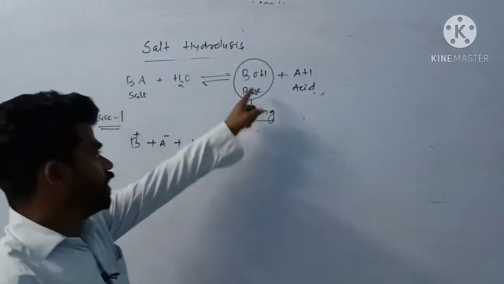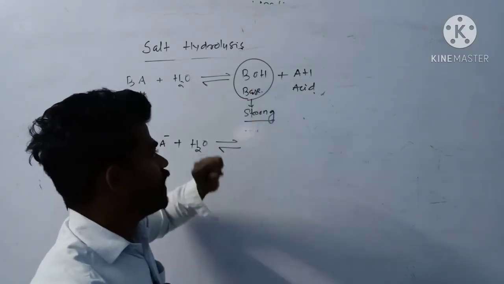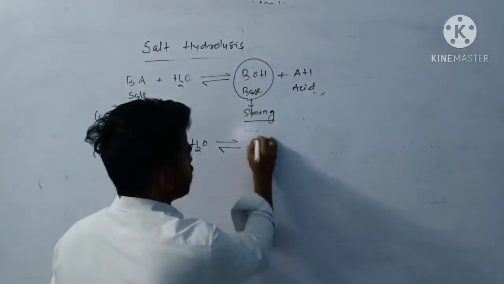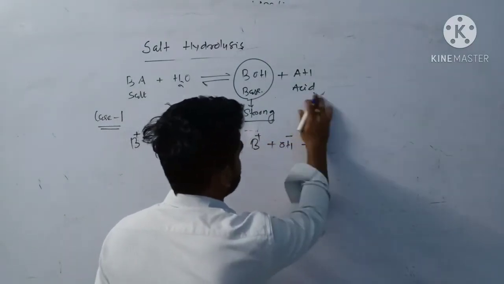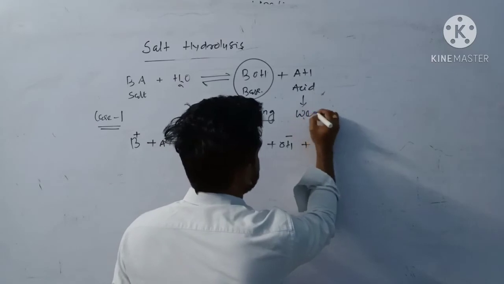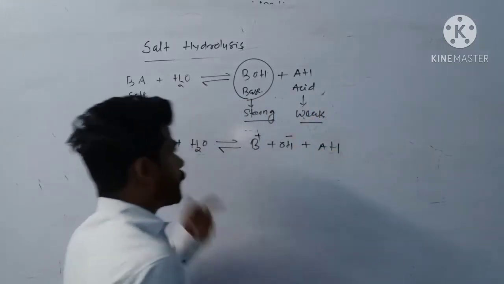Again, since the base is strong, I can write B plus OH minus. Since the acid is weak, I can write it as such, AH.